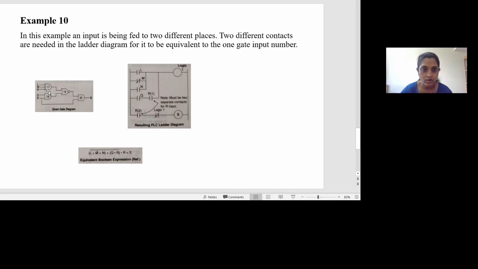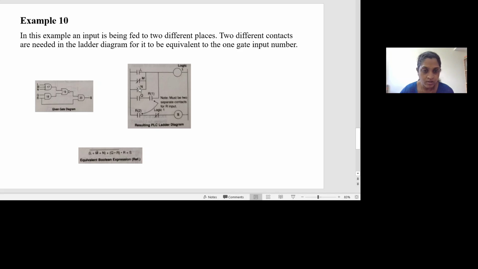I have OR gate 17 and the inputs are L, M, N. So this OR gate is replaced by contacts in parallel. So we have L, M, and N contacts in parallel.